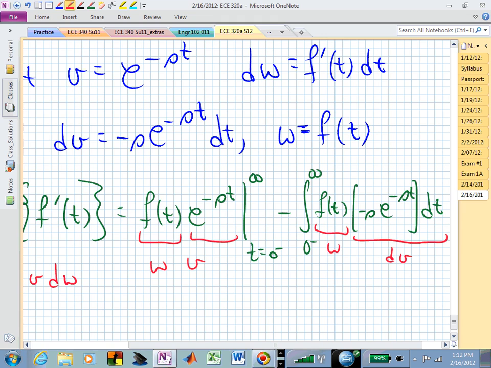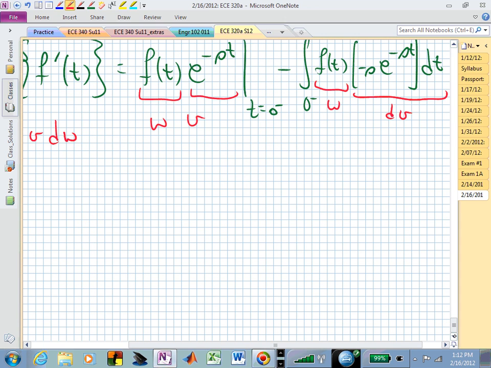Let me now try to evaluate that. And remember, I'm integrating with respect to time, meaning this s in the square brackets on the right-hand integral, I can just factor outside the integral. And I have a minus, and that will give me a plus. So let me put these pieces together.